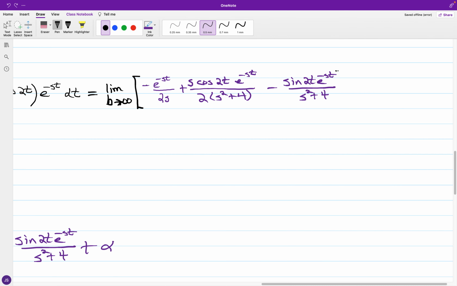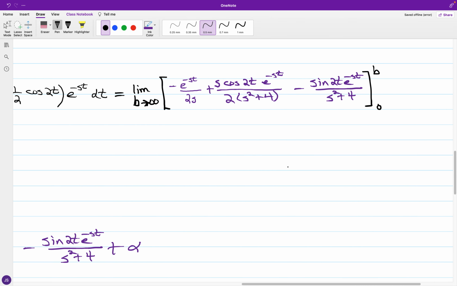We have this set of terms, and we're going from 0 to b as b approaches infinity.